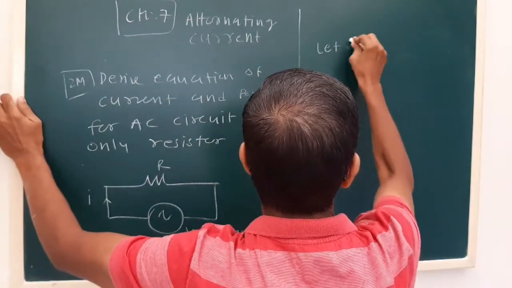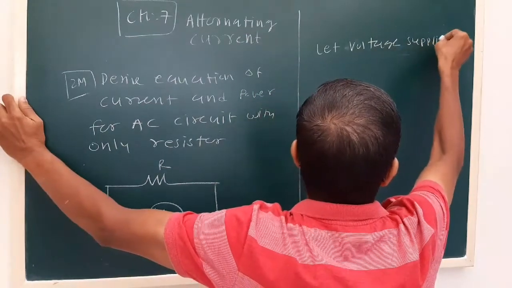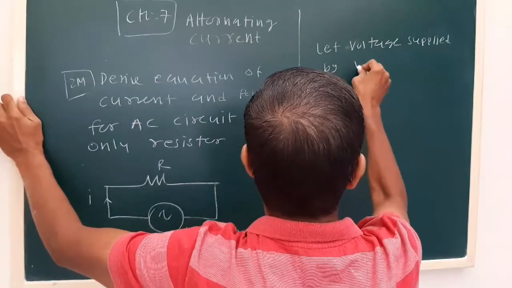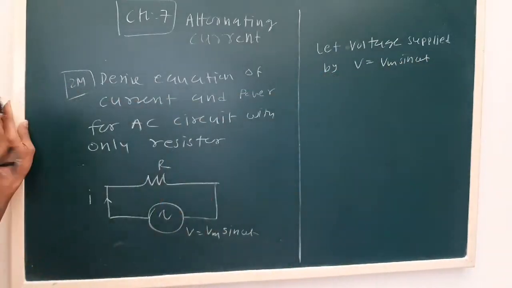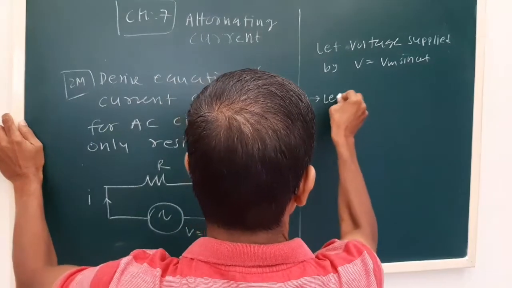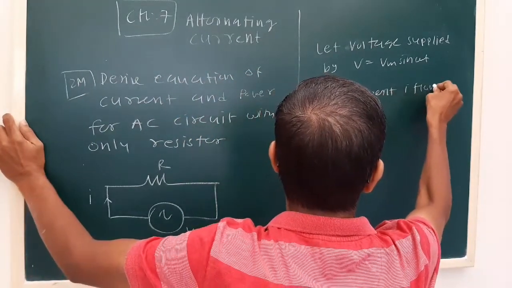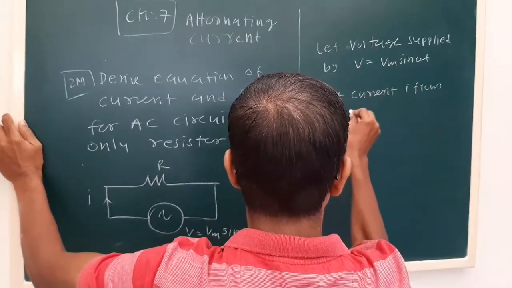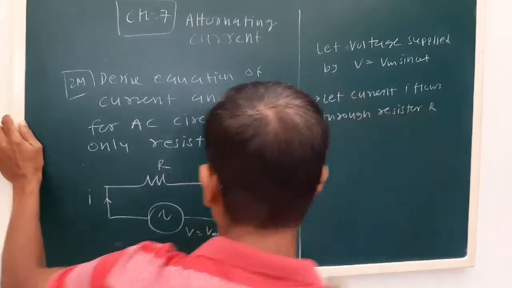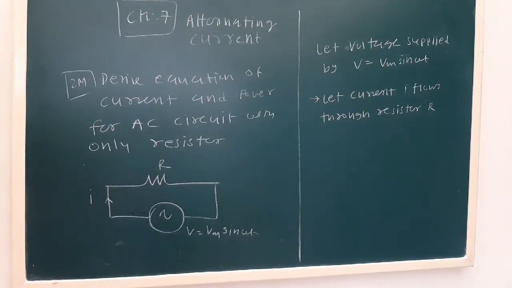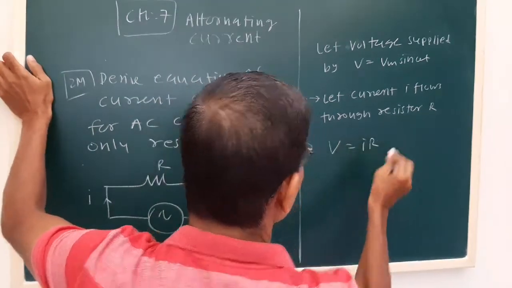Let current I flow through the circuit. Now the potential difference or voltage between the ends is V equal to IR.